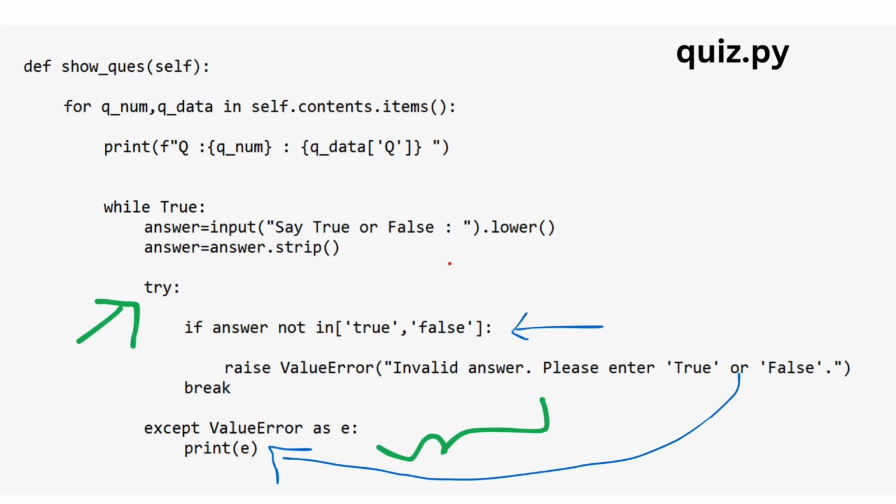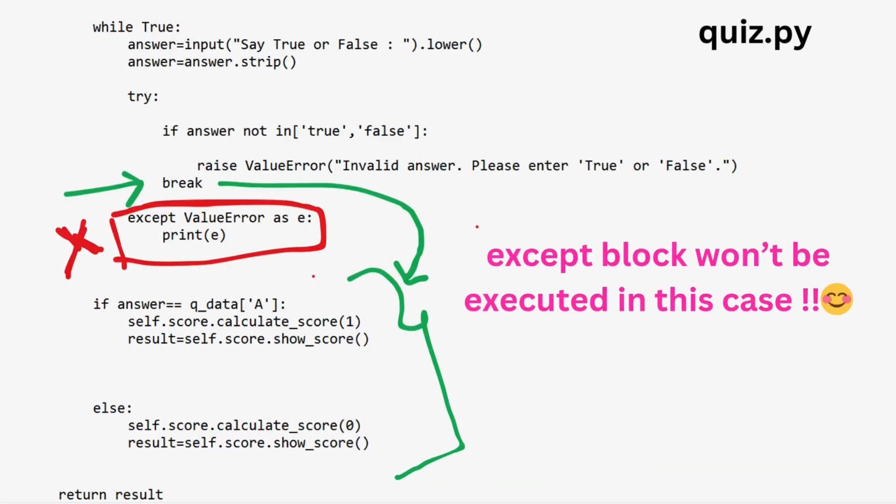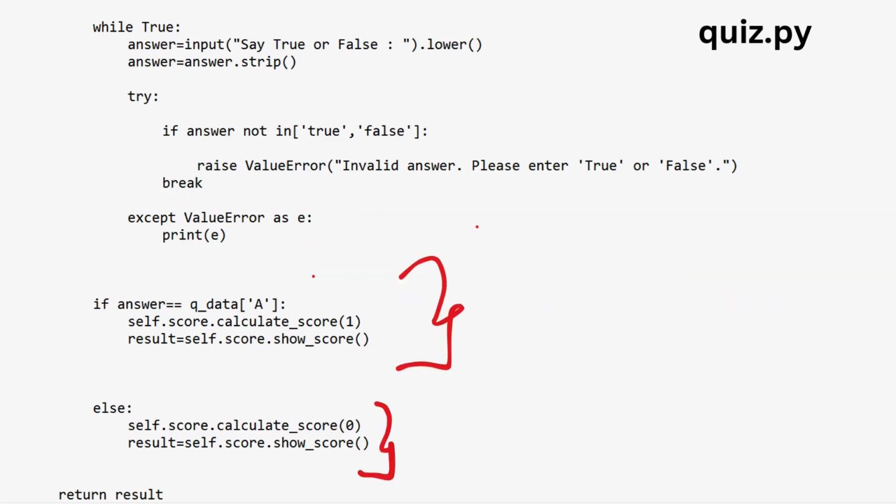Yes, and if the user enters a valid response at the first attempt, what happens? This break statement will be executed, and then the program control will come to this if block where the normal function happens, like the answer they entered will be checked against the original answer, and if it is correct, using the score object, we are going to send the point 1 to the score module's calculate score, and from there we get the result here.